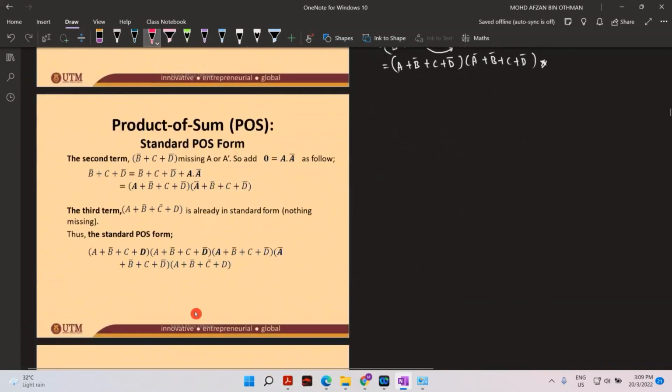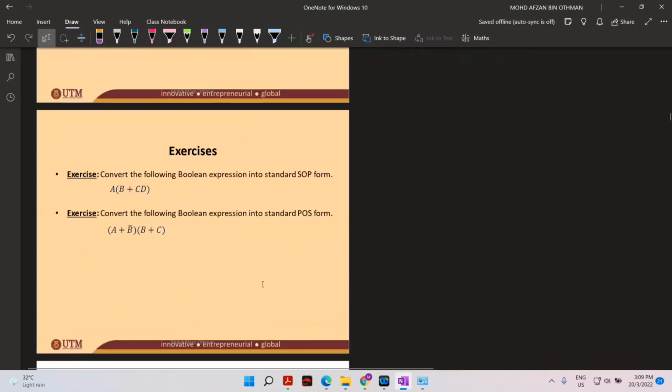Okay, so this is the F. So this is how to generate the standard POS. Kita dah tengok dua tadi: satu nak buat standard SOP and the second one to obtain the standard POS. Okay, any question before we go to this exercise?